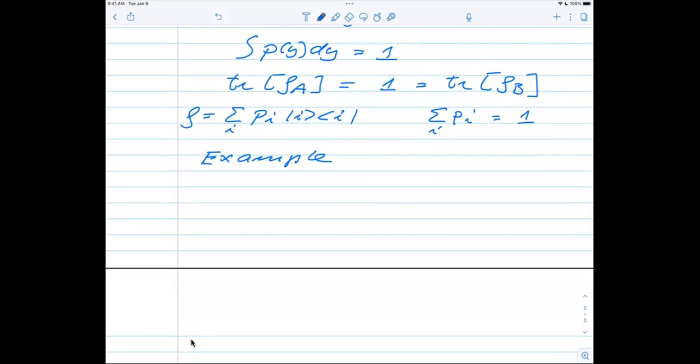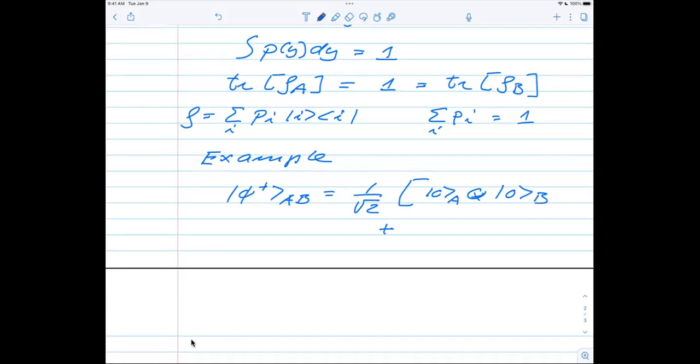We have one of these Bell states for the system AB, which we wrote as a linear combination of the state 0 for system A and state 0 for system B. We defined this as an entangled state because we cannot define in which state the subsystems are.